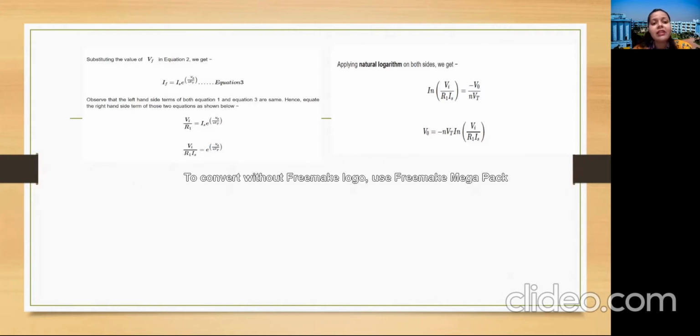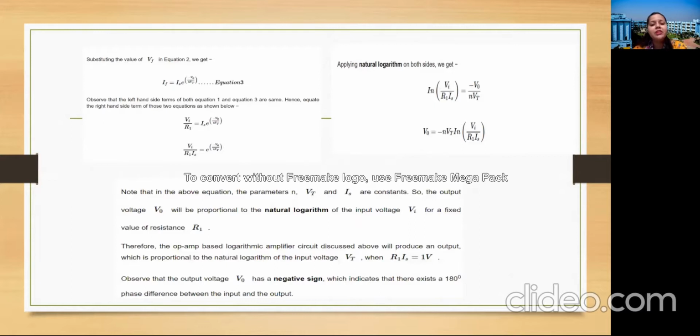Again, observe the left hand side terms of both equation 1 and 3. Hence, we can equate the right hand side and write Vi by R1 equals Is into e to the power minus V0 by N into Vt. From this equation, to remove e, we need to take the log on both sides, and from there we can write that the natural logarithm, ln of Vi by R1 into Is, equals minus V0 by N into Vt.